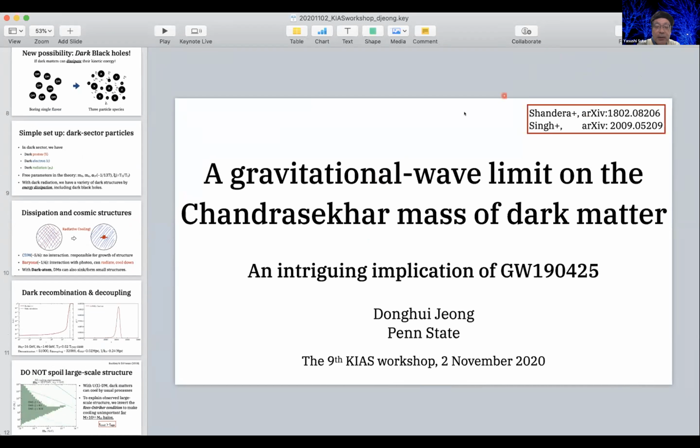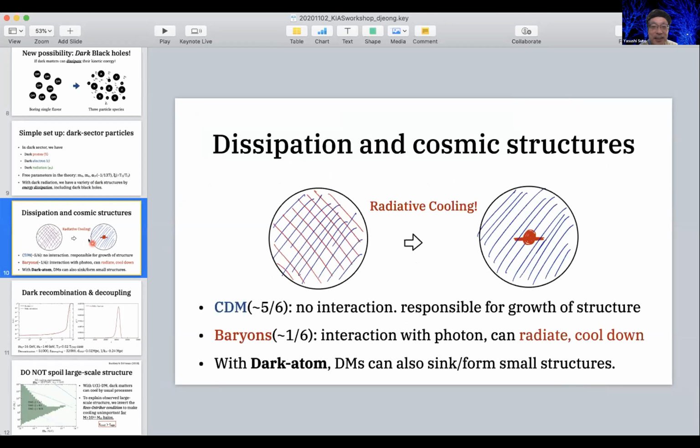Actually, my question is, if you assume this kind of structure, you might be able to put some limit on the mass of the dark proton, but I do not understand what it means. Maybe this is a frequently asked question, but I'm very interested to hear.